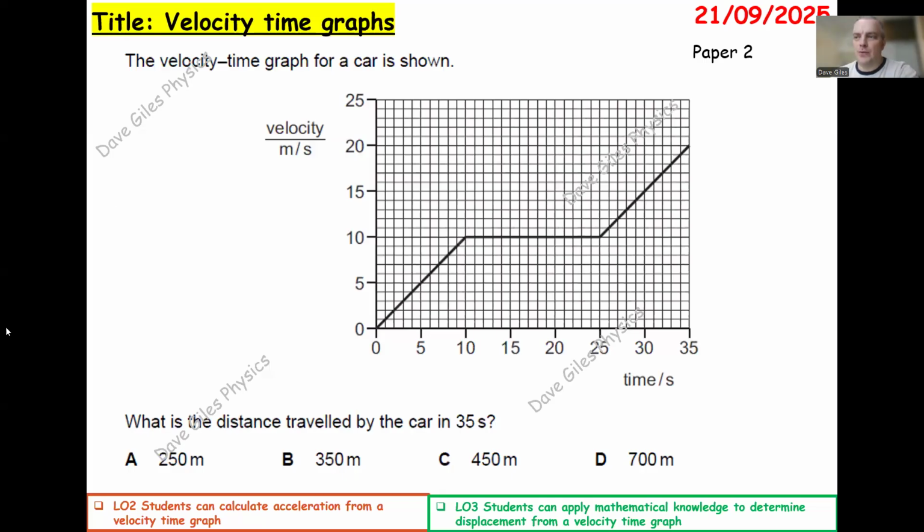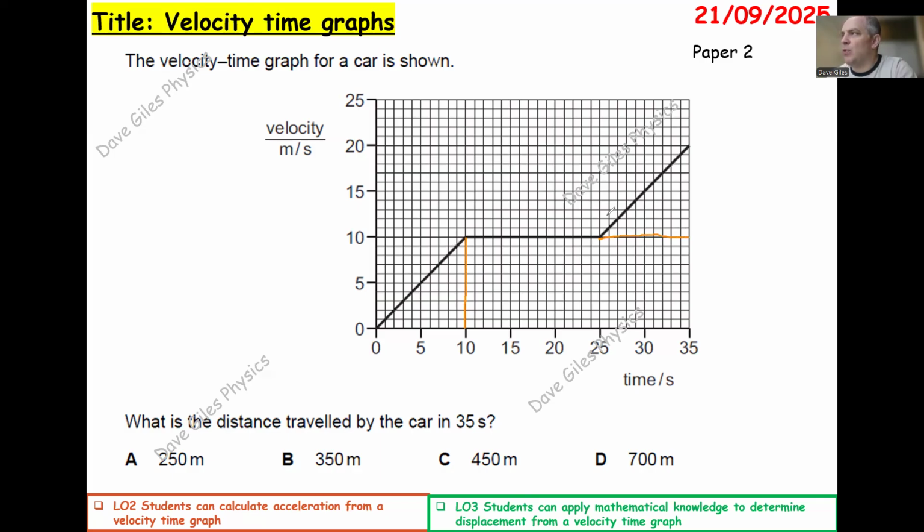So I'm going to split this into different sections. I'm going to annotate it here, so I will use the pen. I'm going to split it like this. And I'm going to split it like this.